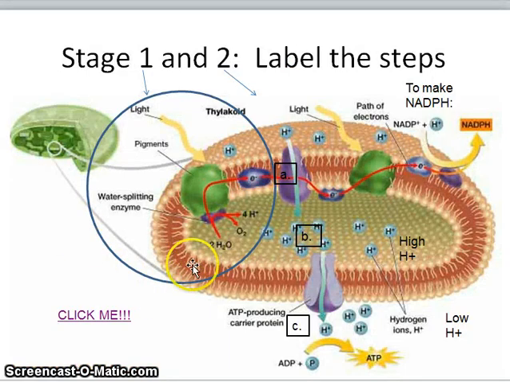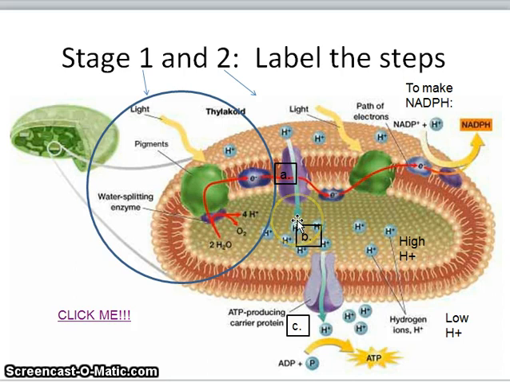So this is what that means. The electrons that had been excited from the light hitting the chlorophyll are traveling on, and as they pass through these proteins, they make them excited, and they kind of jump into gear, and they grab a hydrogen and pump it in. This is active transport.